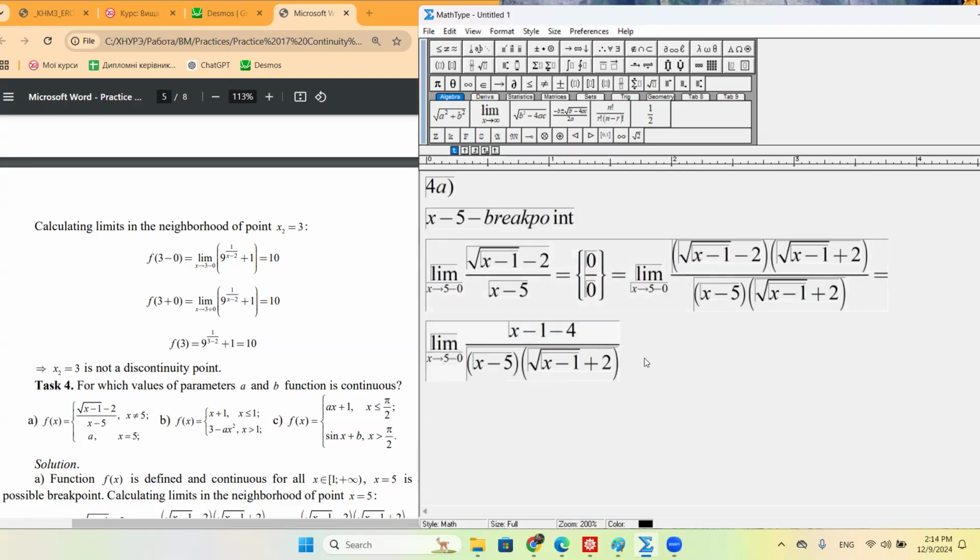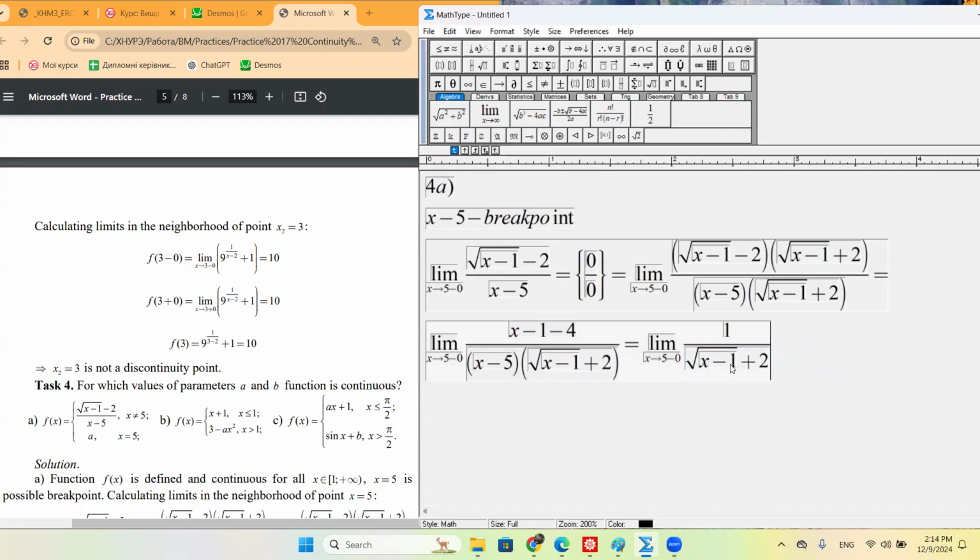And now no indeterminate forms, so this and this will be cancelled because x minus 5 will be reduced. So 1 remains here, and also removing brackets.